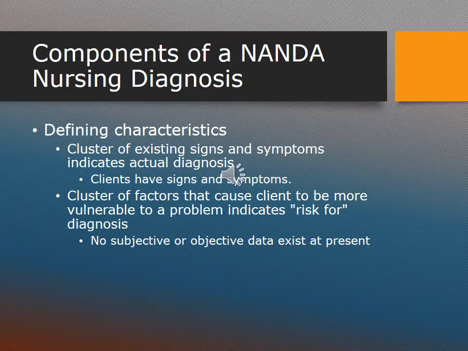We know that that patient might be at risk for some type of skin integrity problem. But at this moment, there's not a problem. So at this point, you wouldn't have the signs and symptoms. So that would indicate that's a risk for diagnosis because there's no subjective or objective data that exists at the present time.